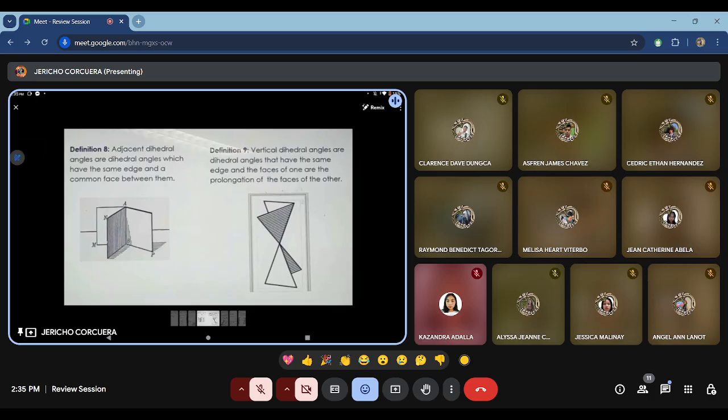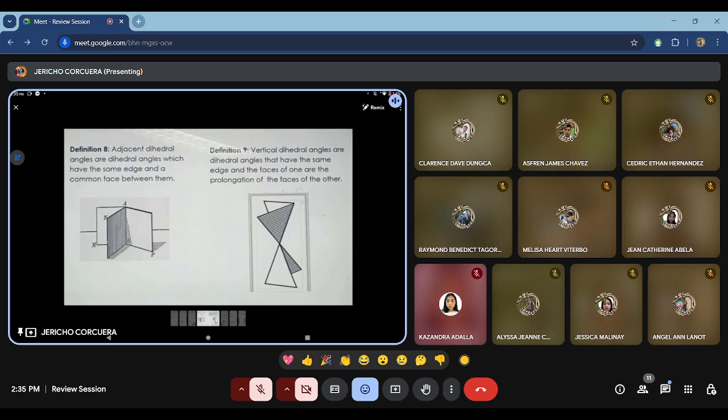And the definition: we have adjacent dihedral angles, which are dihedral angles that have the same edge and a common face between them. The edge is AB, and we have a common face between them.